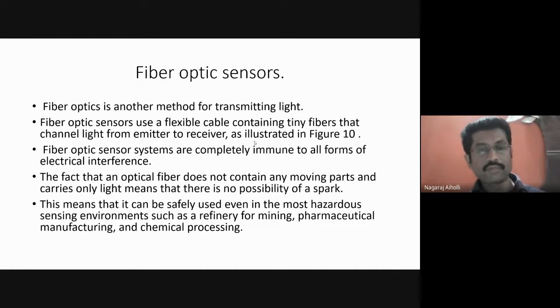But as there are no moving parts in the optical fiber sensors, the spark is not present in this particular sensor, and hence it can be safely used in most hazardous conditions, such as in refining applications, mining applications, pharmaceutical applications, chemical industries, manufacturing industries. These are a few of the applications of the fiber optic sensors.